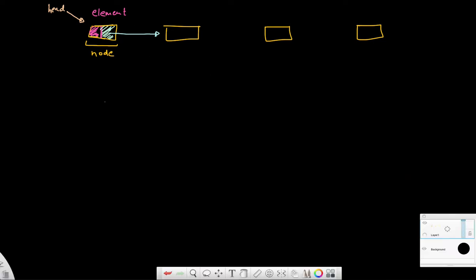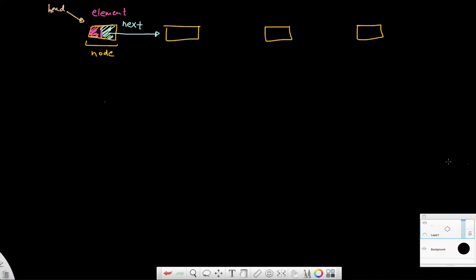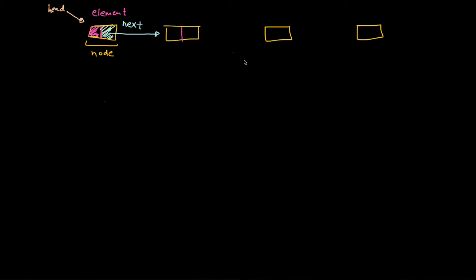And this color in blue over here is basically the next. It is the next reference that just happens to point at the next node of my linked list. Just as head points at the first node of my linked list, next points at the next node of my linked list. Okay, so with that, let's just complete this.